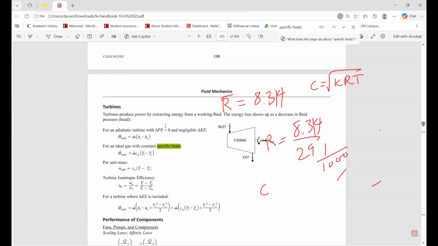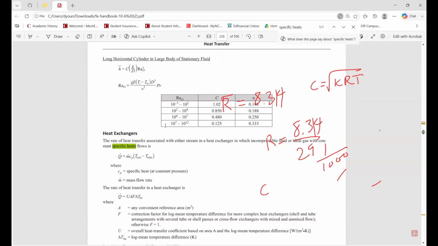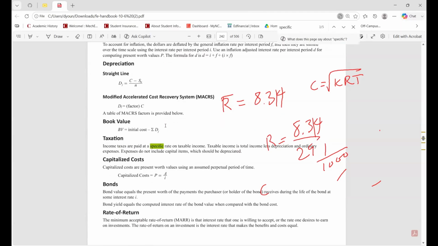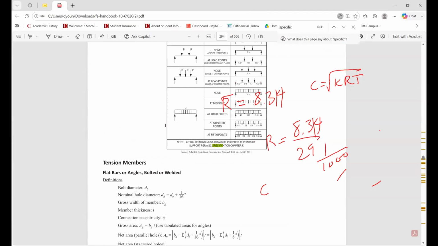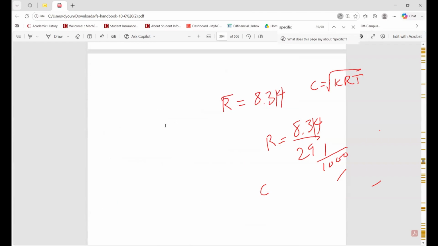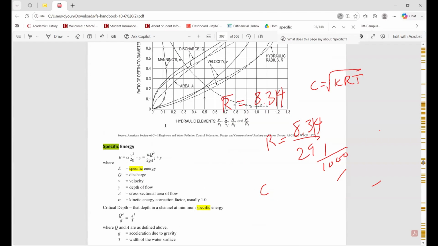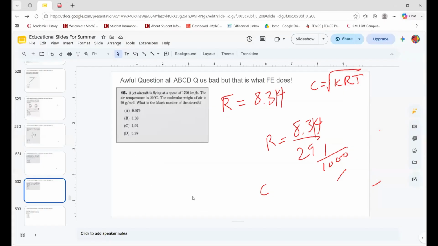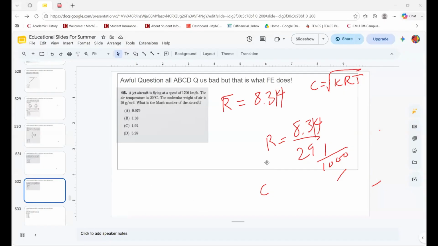I already knew 1.4 because I use it so often. But seriously, I'm shocked that there's no table, there's no CP. Let's just do specific then. There should be a table. Looks like I'm memorizing more. I'm actually really pissed at this question. Yeah, I'm going to do it, but I'm not going to be happy.